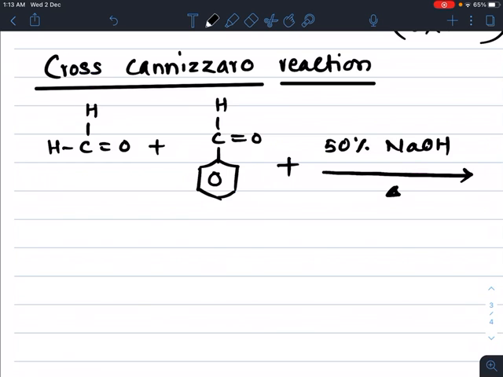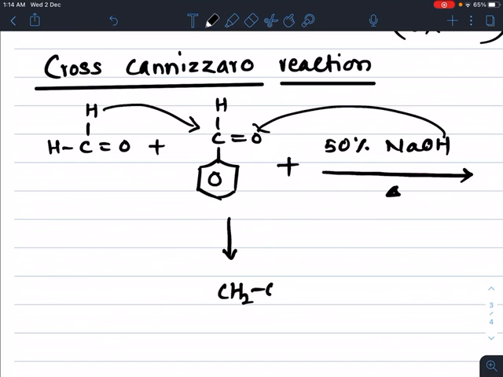Benzaldehyde undergoes reduction, meaning addition of hydrogen takes place: one hydrogen is added to carbon and another to oxygen, and we get CH2OH attached to the phenyl group C6H5.